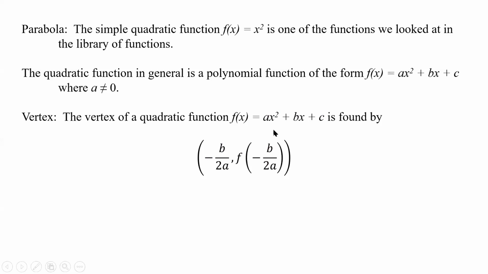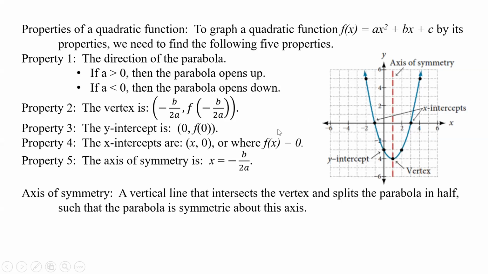Now there are 5 properties of a quadratic function that we're going to look at for this class, and this is how we're going to graph it. We look at each of the properties to be able to graph it. This is what a parabola looks like. This one is facing up, and you could have one facing down, with the arrows going down instead of up and the vertex higher.